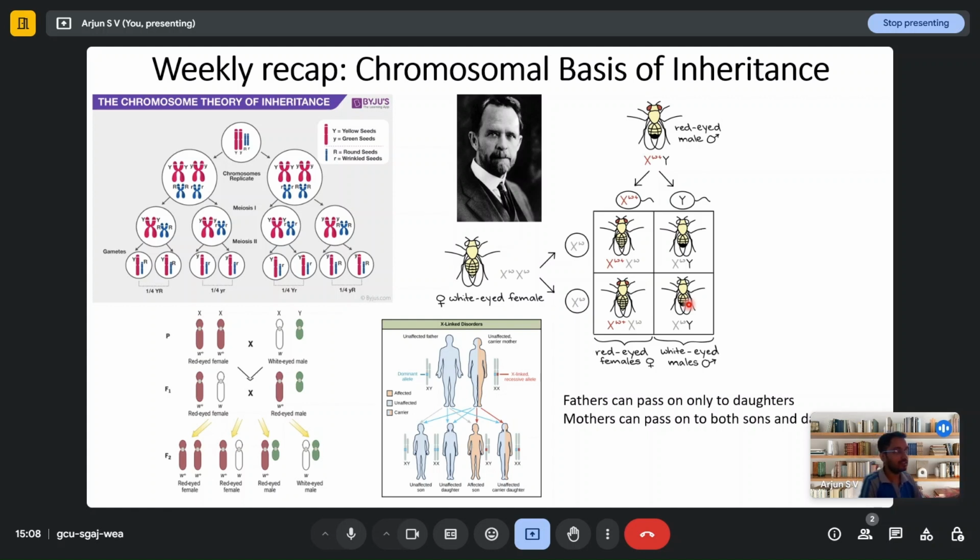And in the first lecture, I also explained this wild type and mutant gene, and that some of these genes are sex linked. So they can be present on only one of the chromosomes and not on the other.